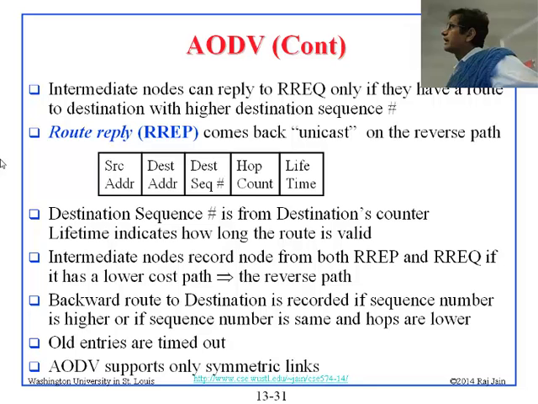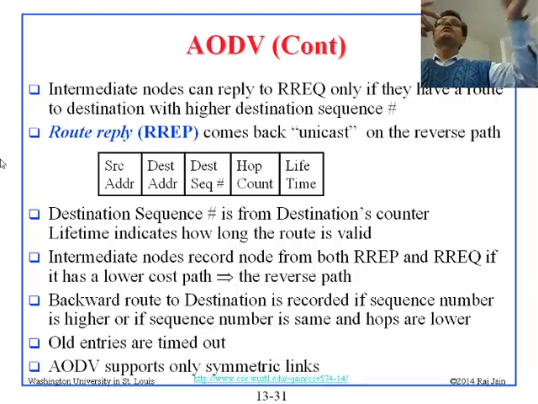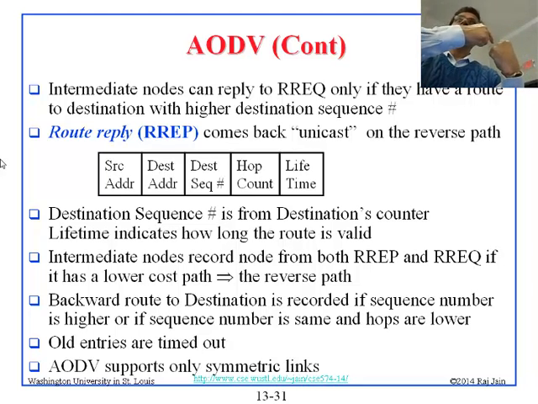Intermediate nodes record from both RREP and RREQ if it has a lower cost path, and that gives you the reverse path. So that's another thing to remember. It's not just forwarding, it's also looking and recording. So when you send a request, you know that the request came from there, so you know the path to the previous hop, right?